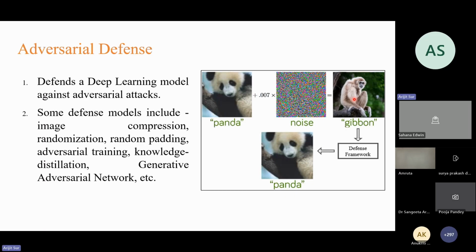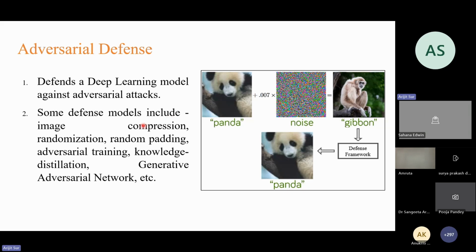We have also worked on this particular issue: it is possible to denoise a partially adversarially perturbed image to go back to the actual image.